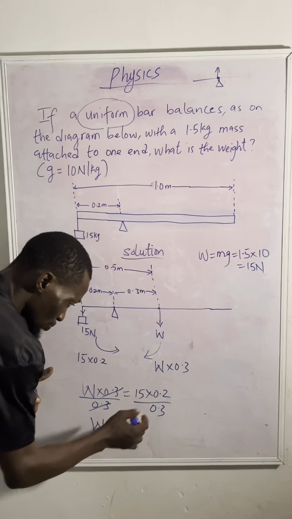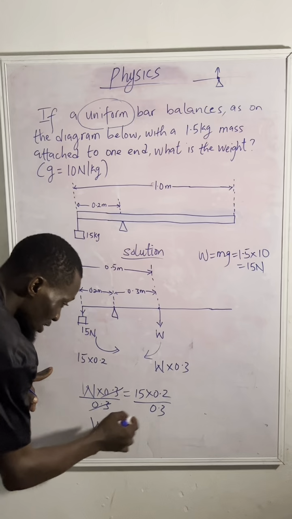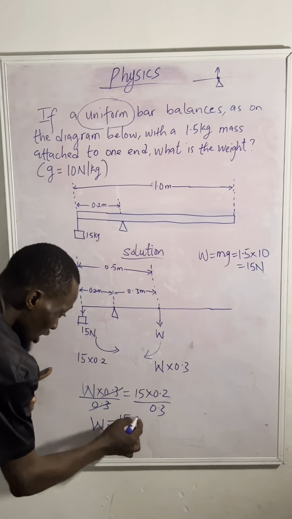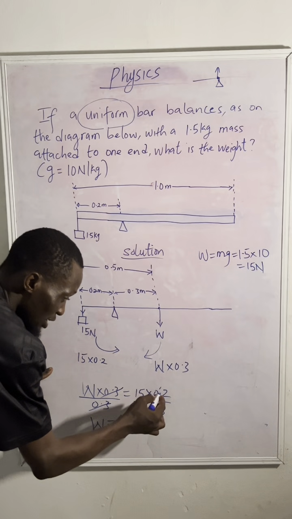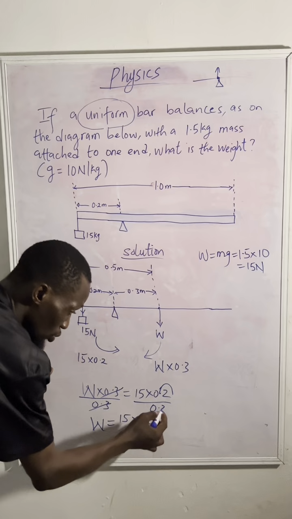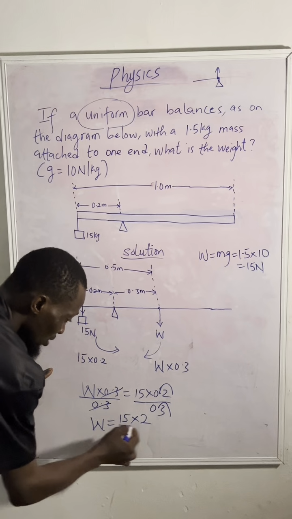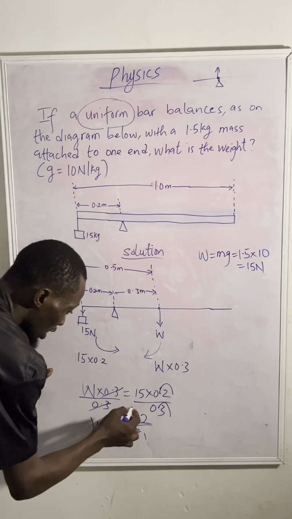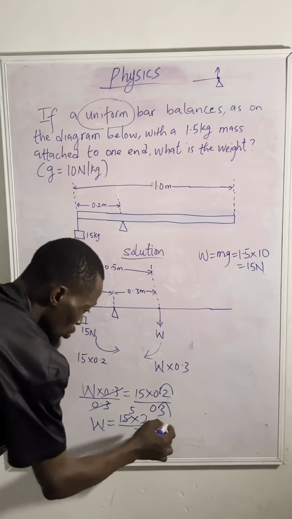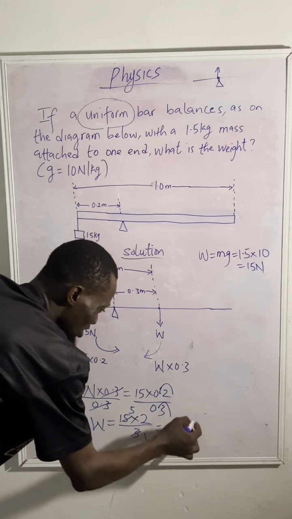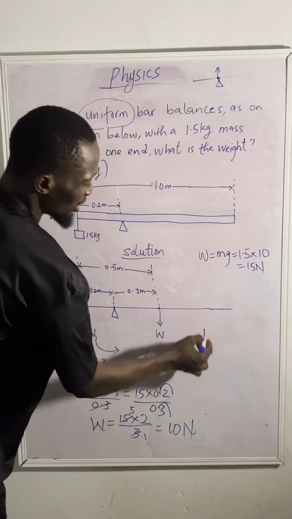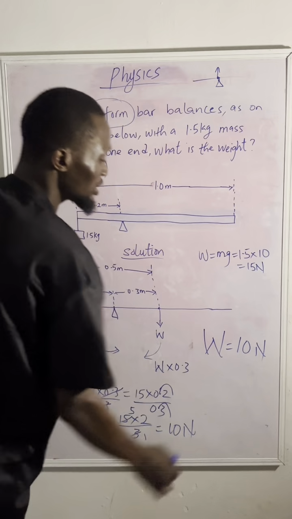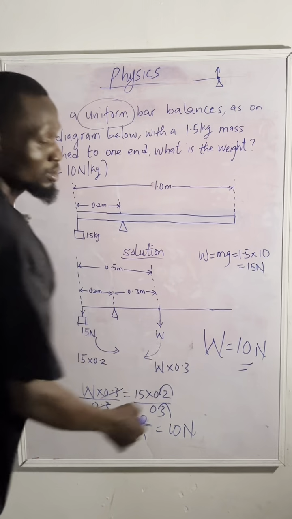If you multiply both by 10, we are going to have 15 times 2, and you also multiply the denominator by 10, that is over 3. So 3 here 1, 3 here what? 5, and 5 times 2 is going to give us 10. So the weight of the bar is equal to 10 what? 10 Newton. Thank you.